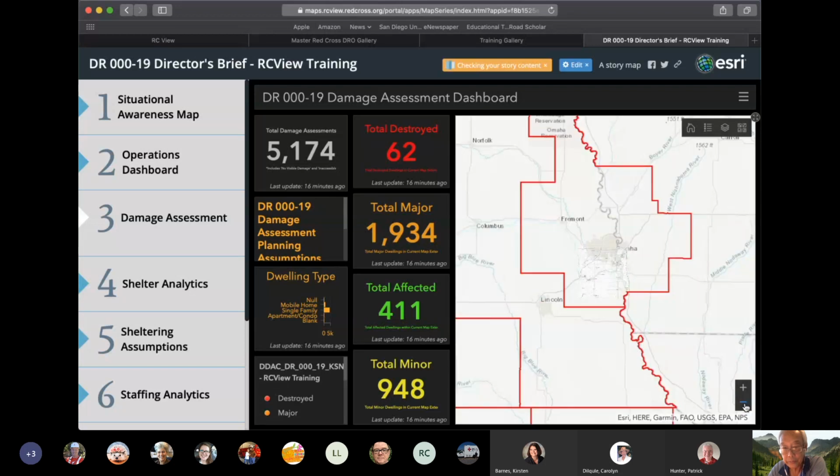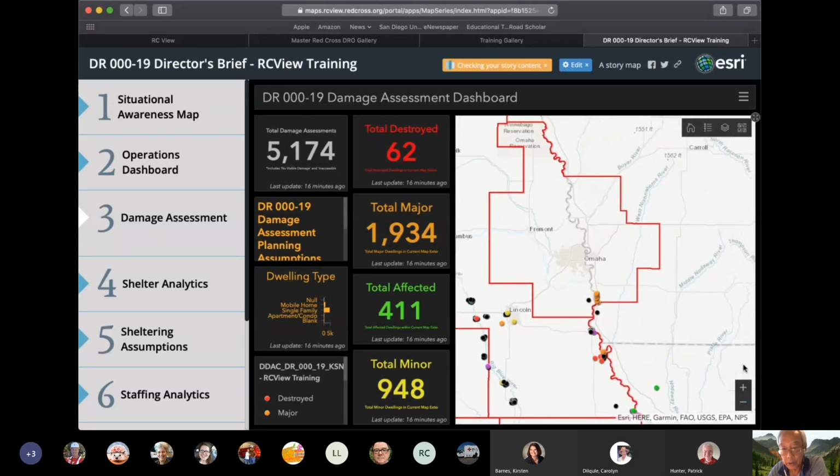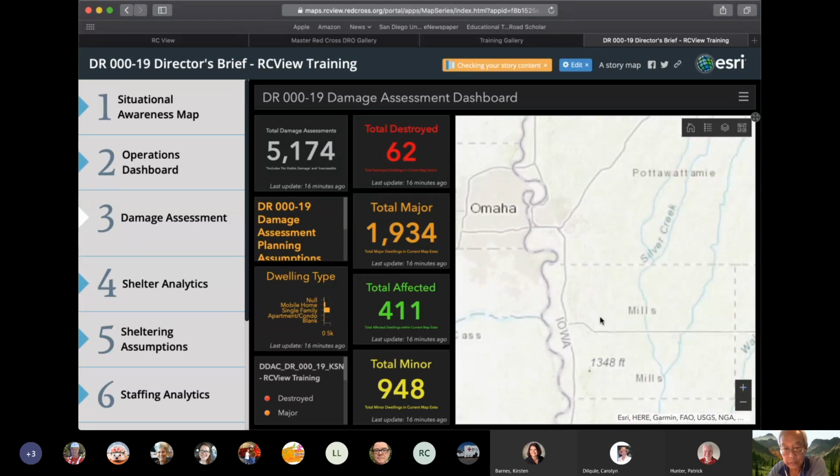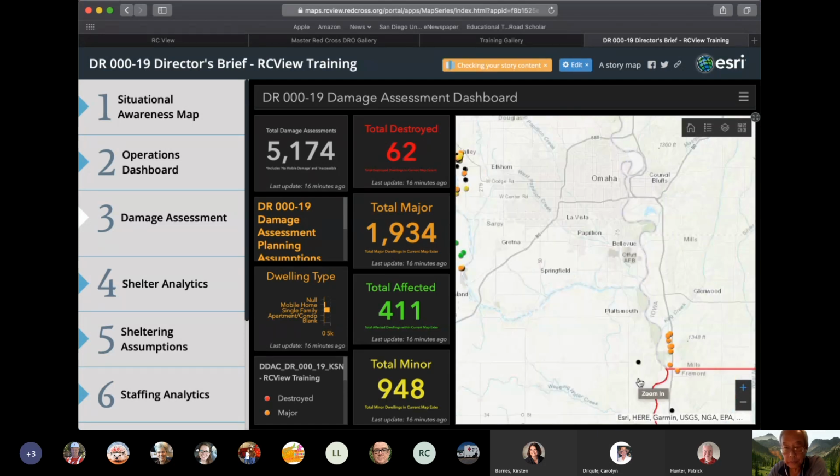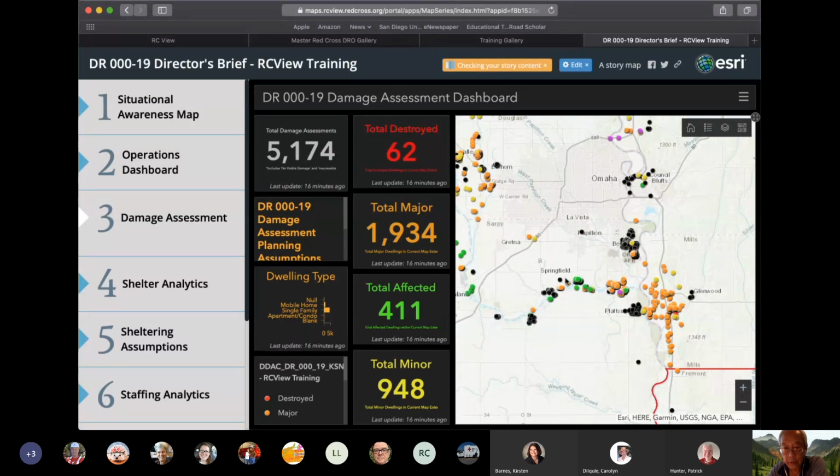Let me zoom out. And here's Omaha. So if you remember from that map of high density Hispanics, they were in this area around here. This is not affected, but those were cases. It may be down here as well.